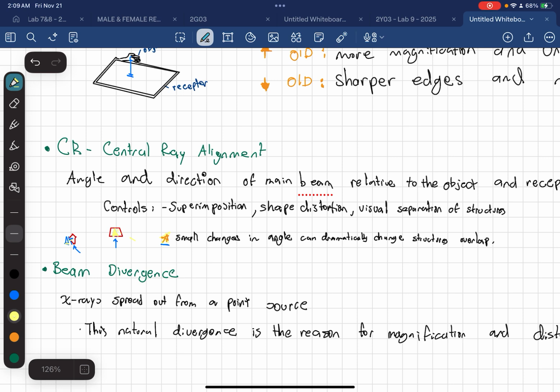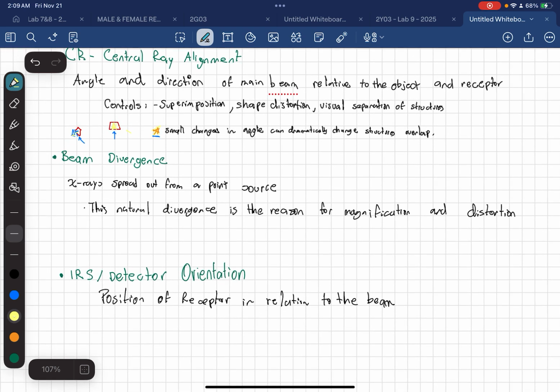Also, we're gonna be talking about shape distortions, so elongations or any type of shape distortions. That's going to be controlled by the central ray. Also important is the beam divergence, so it's how X-rays spread out from the point source.